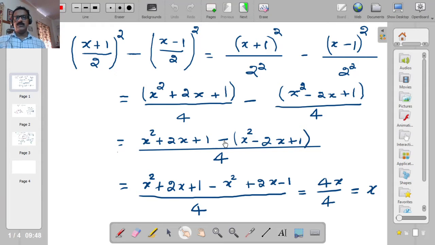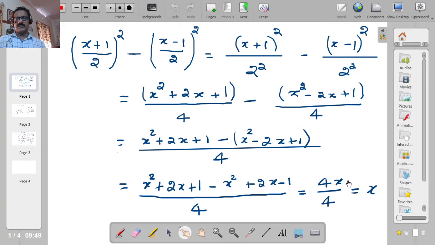This negative sign will go inside the bracket, so x squared will become negative x squared, negative 2x will become positive 2x, and positive 1 will become negative 1. We get an expression like this. The positive x squared and negative x squared will get cancelled, the positive 1 and negative 1 will get cancelled, and 2x plus 2x is equal to 4x.